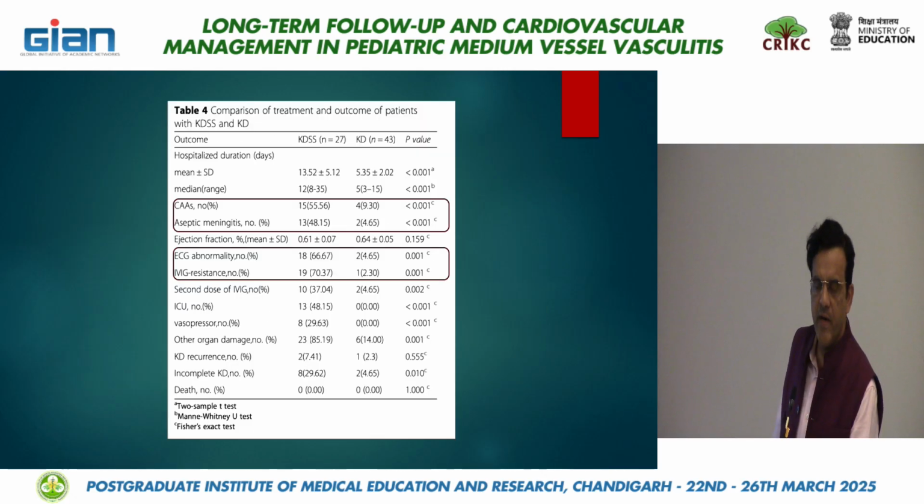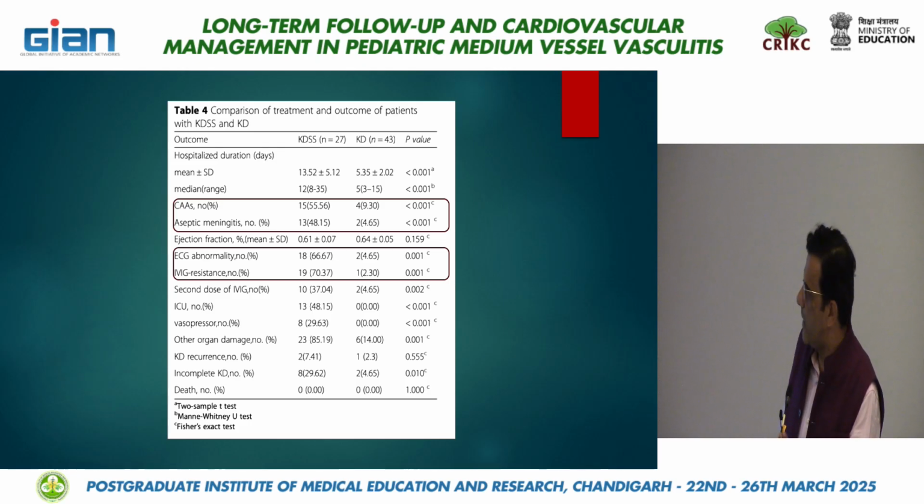Coming on to treatment and outcome measures in KDSS patients, these patients had a significantly higher rate of coronary artery abnormalities. These patients also had more chances of aseptic meningitis as compared to hemodynamically normal Kawasaki disease patients. As expected, ECG abnormalities were more in these patients.